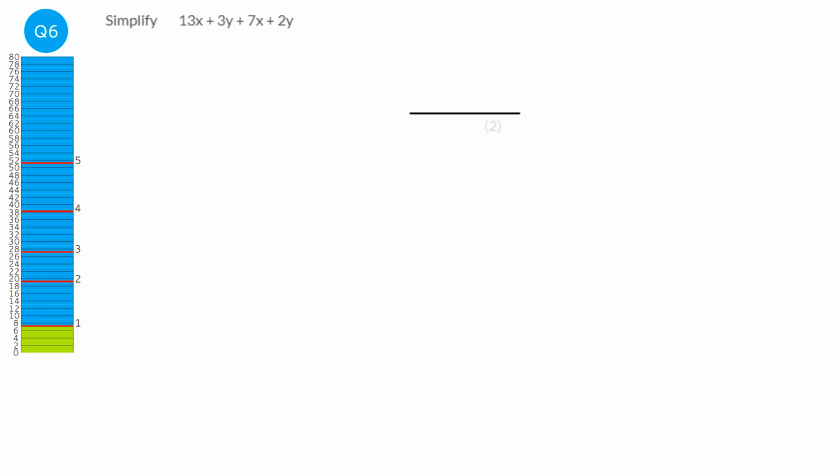When collecting terms, you've got to collect like terms. So we've got 13x, we've got a 3y. Now they're not like terms, but the 13x is a like term to the 7x. They're both x's. And the 3y is a like term to the 2y. So let's put the x's together: 13 lots of x plus 7 lots of x.